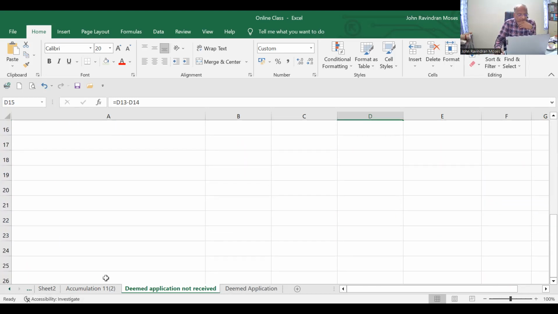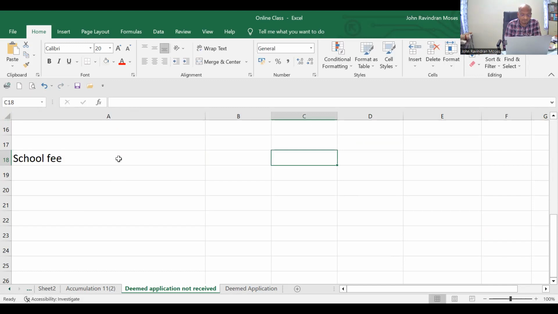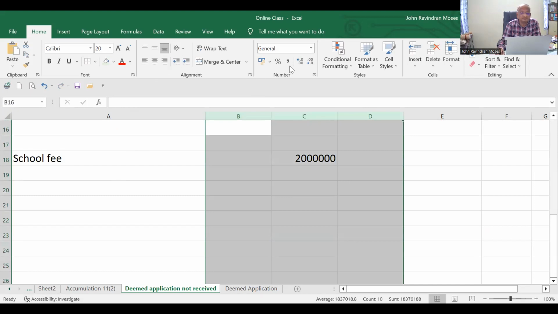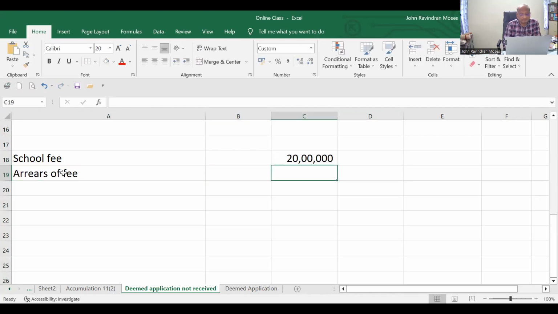There is another case also possible. Let's take the example of schools; I think we have friends from schools also. During COVID, we could not get the fee from the children. Let's take our school fee: the normal fee I received in cash is, let's say, 20 lakhs. My arrears of fees is, let's say, 30 lakhs.